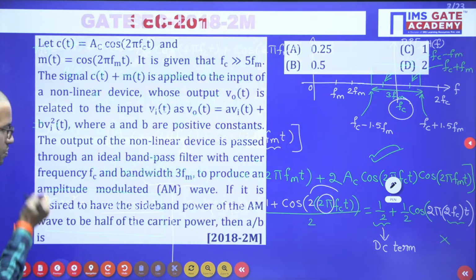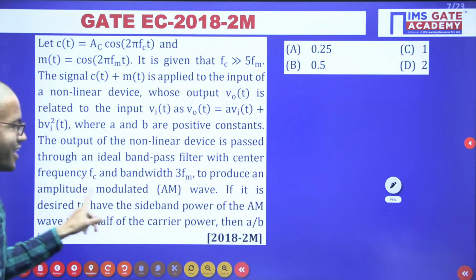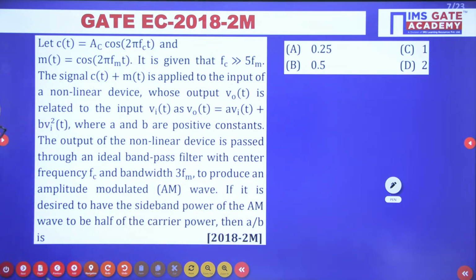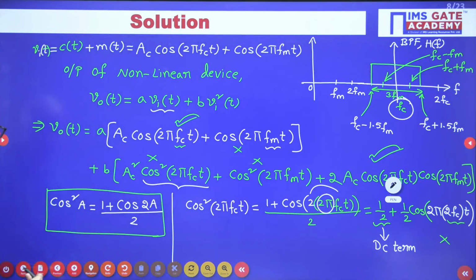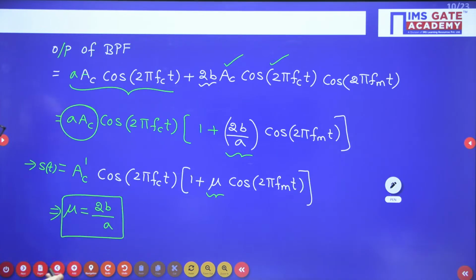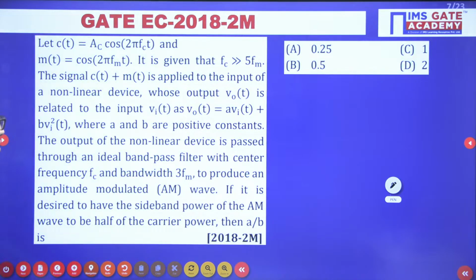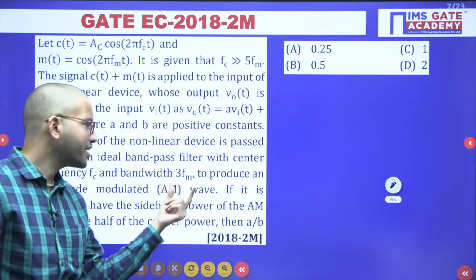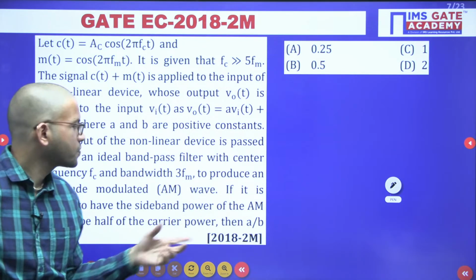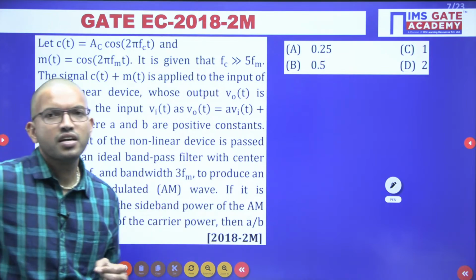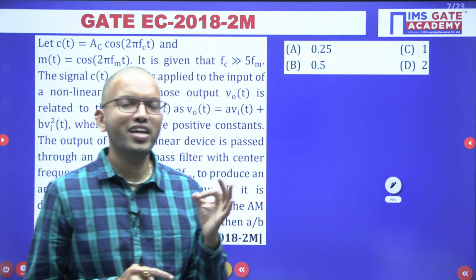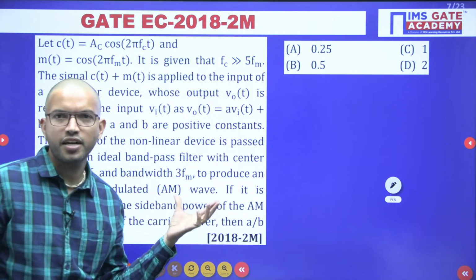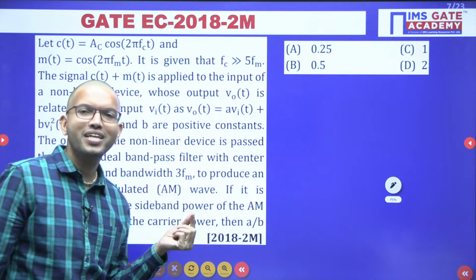In the question what they have mentioned: if it is desired to have the sideband power... See, whenever they mention AM signal or DSBSC signal, and whenever they mention message signal or sideband, that means you have to consider total sideband, unless otherwise they specifically mention single sideband.